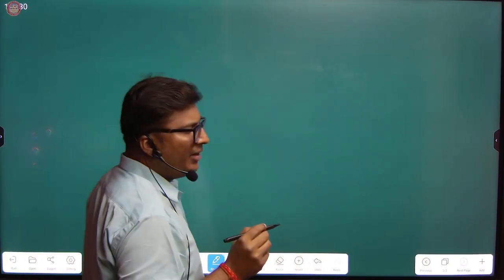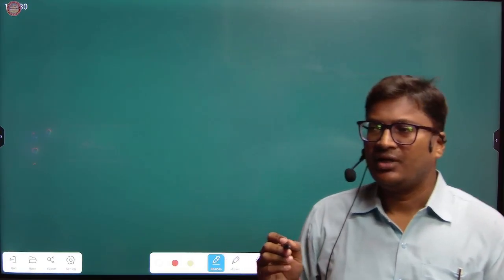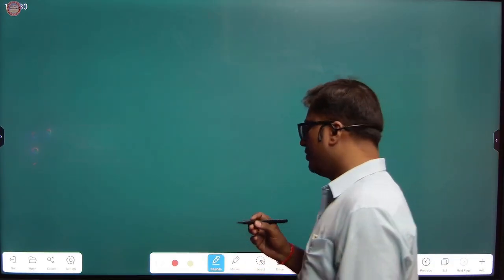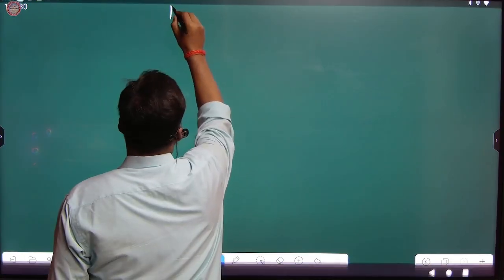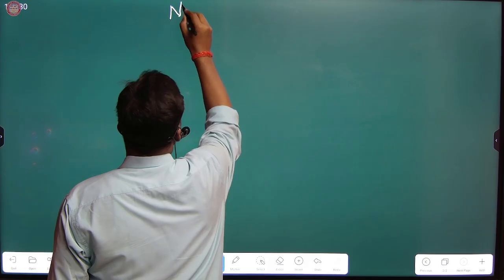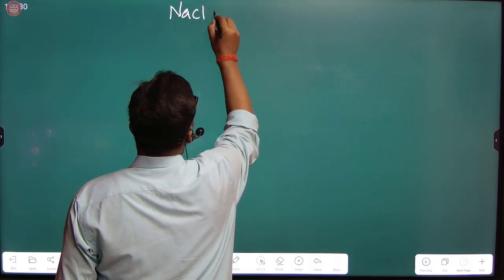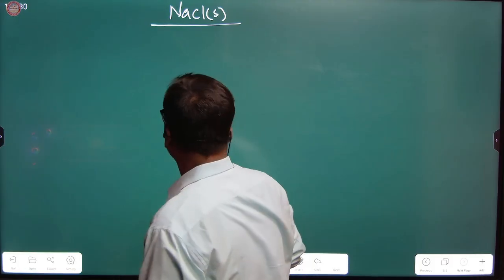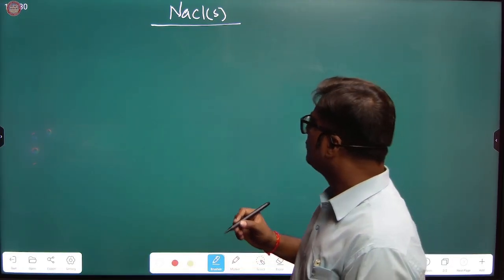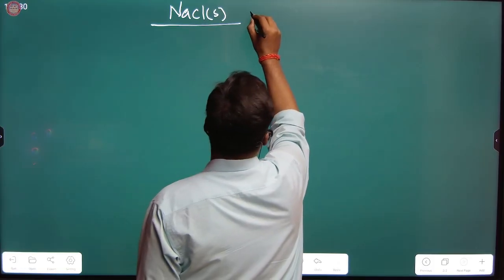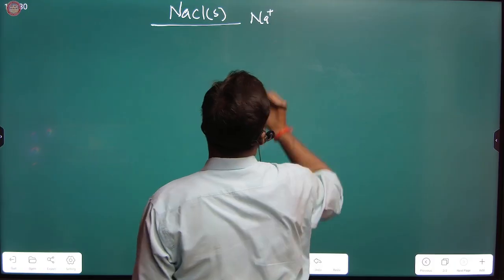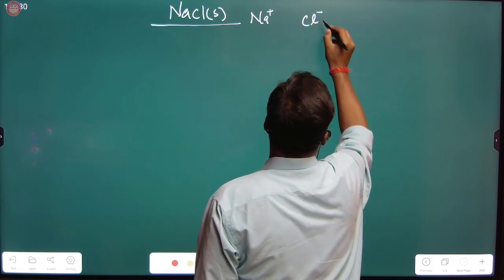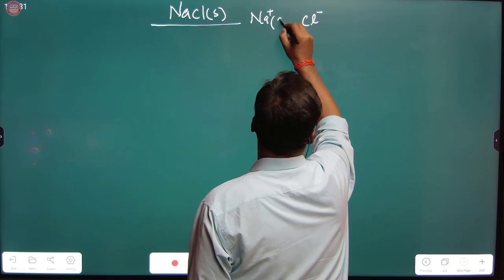Suppose we have an ionic solid that you know very well, sodium chloride, NaCl. This is an ionic compound, so it contains Na plus as a cation and Cl minus as an anion, which exist in the gaseous state.